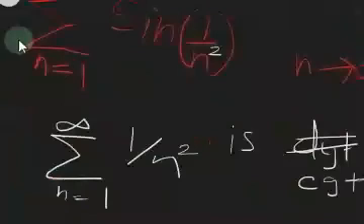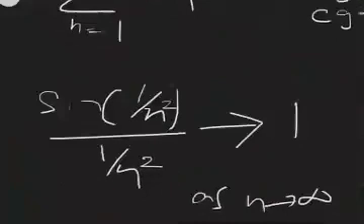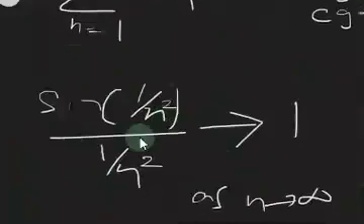So we compare this series with this. We know that 1 over n squared is convergent, and we can find the limit, and we know the limit of this one is equal to 1 as n tends to infinity.